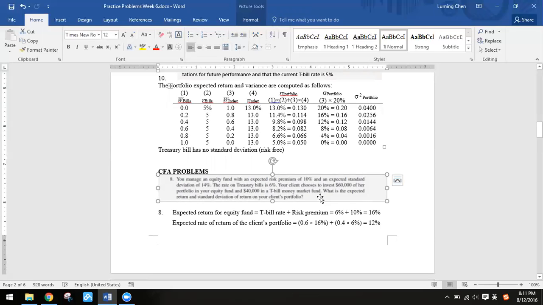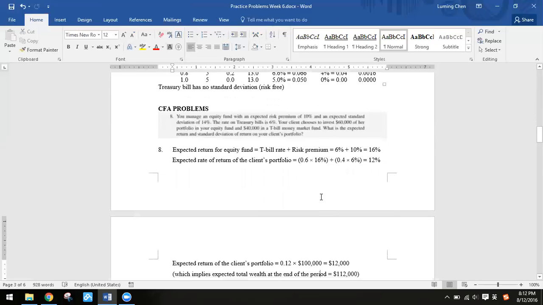What is the expected return and standard deviation of return on your client's portfolio? So the expected return for the equity fund is equal to the Treasury bill rate plus the risk premium. The risk premium is 10% and the Treasury bill return is 6%. So the expected return of this fund is 16%.